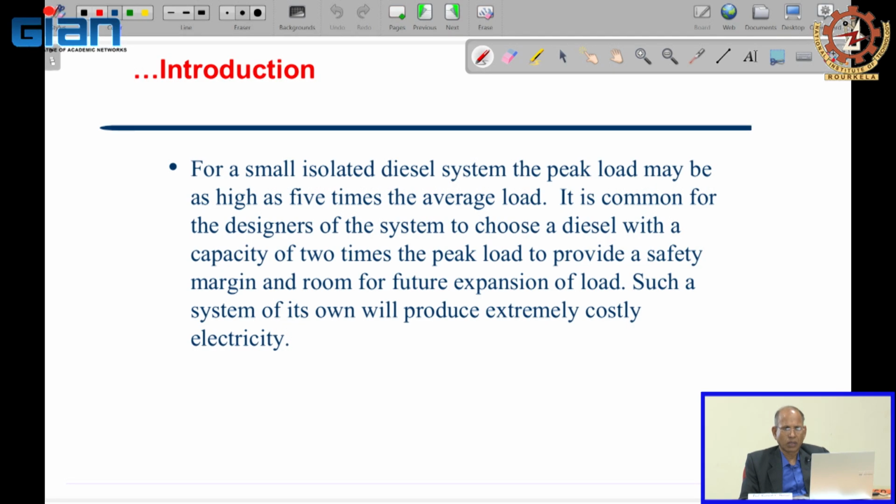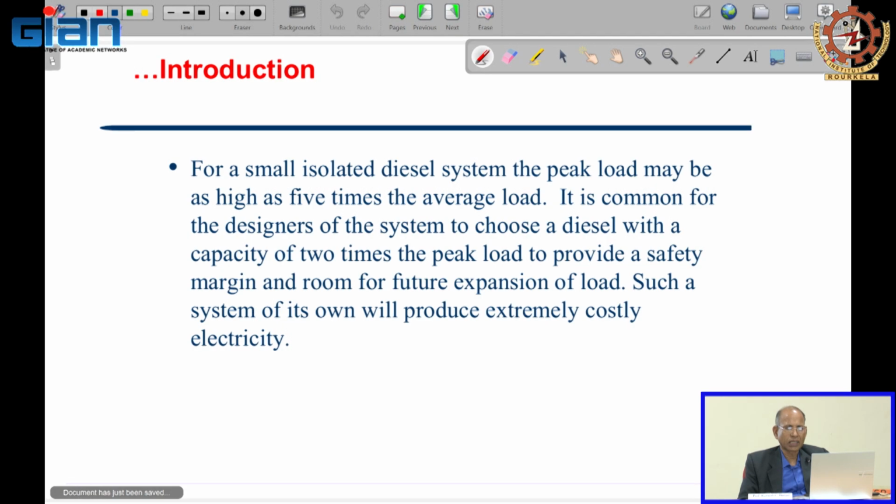So if the peak demand is high and you really want to meet it, when you are designing the system, you will design for the peak demand, also taking care of future expansion.